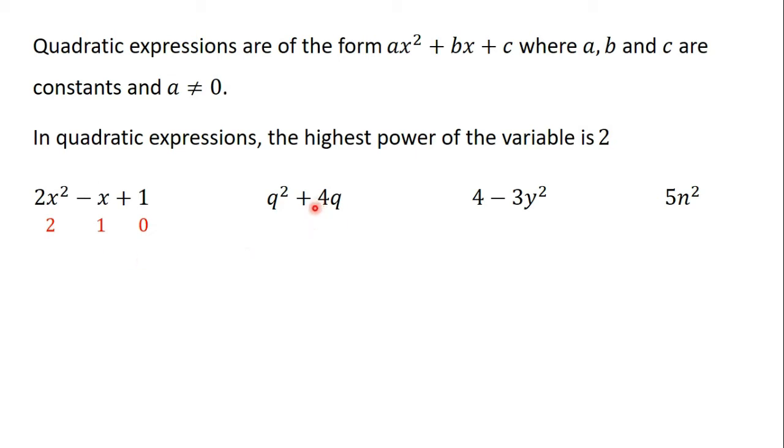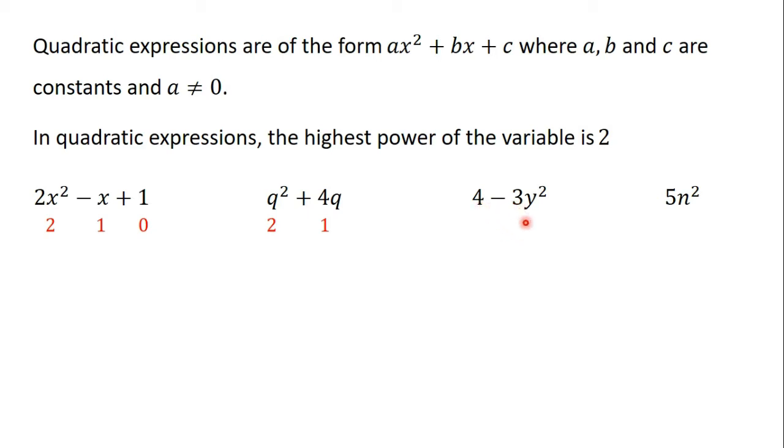Let's look at the second example. It has two terms. The variable is q. The power of q in the first term is 2. The power of q in the second term is 1. So between 2 and 1, 2 is the highest. So in this expression also, the highest power is 2. Let's look at the third example.